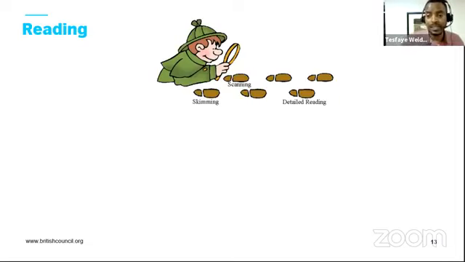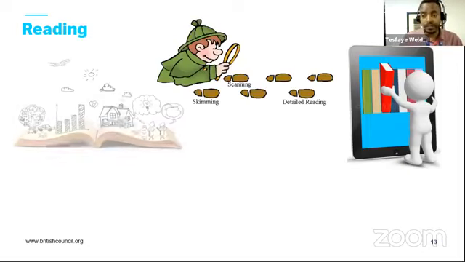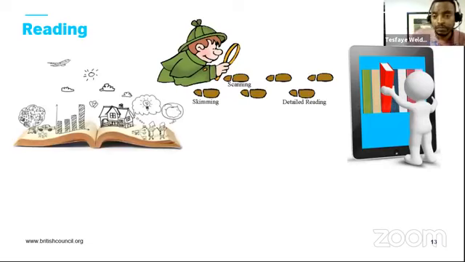And that's the same when you practice on your own, when you self-study. We suggest you read different texts, for example electronic or printed materials. And when you read, it can be for fun, or for academic purposes.